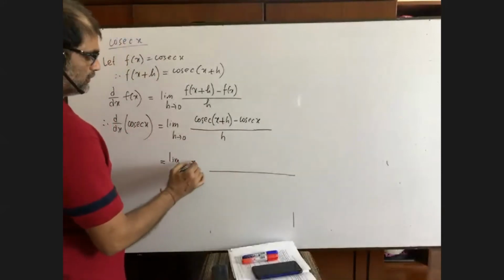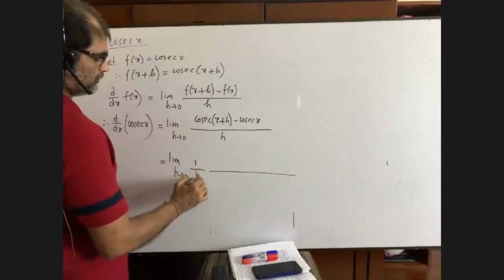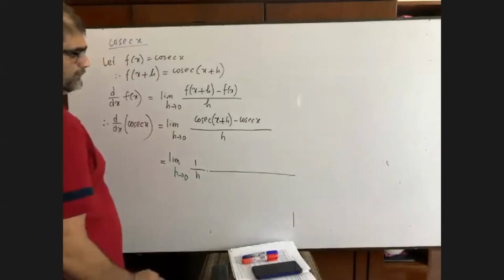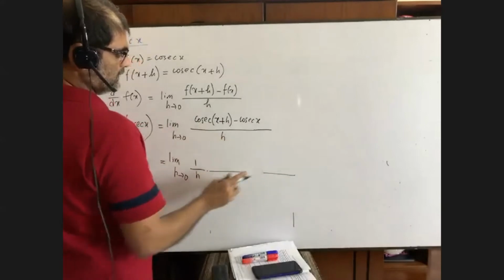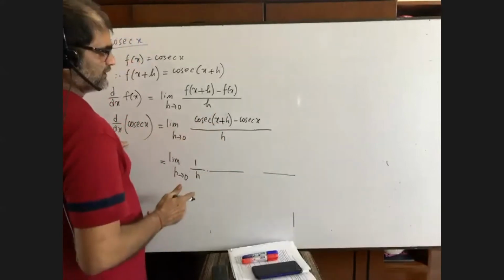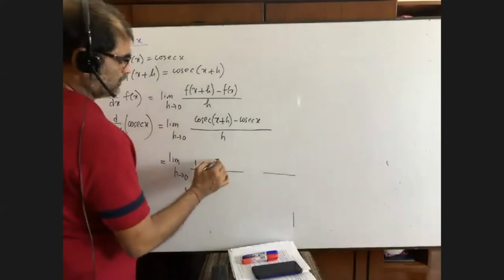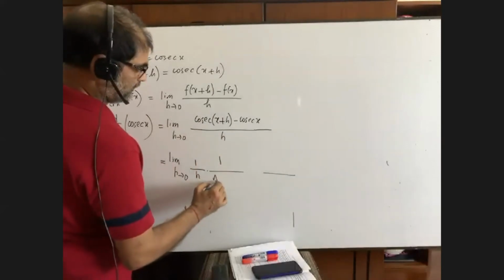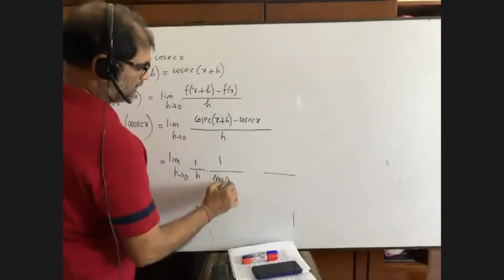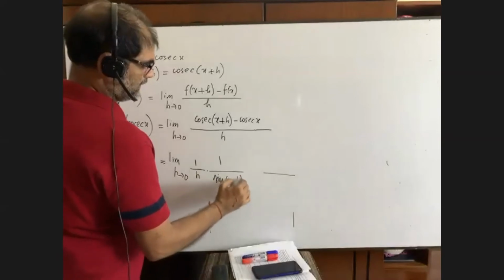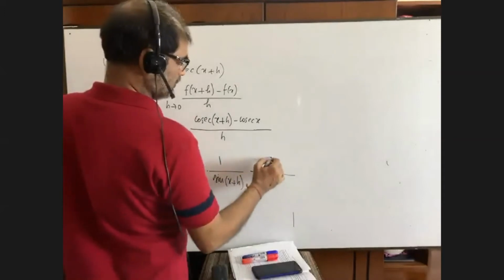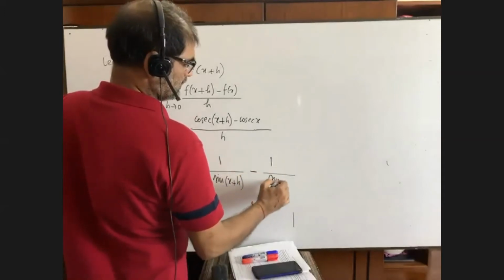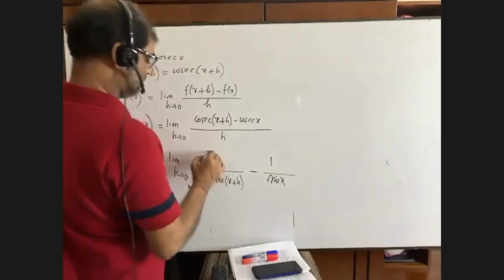Suppose we write 1 by h into, this is what? Cosec(x+h) means what? Can you please tell me? 1 by sine(x+h) minus 1 by sine x.